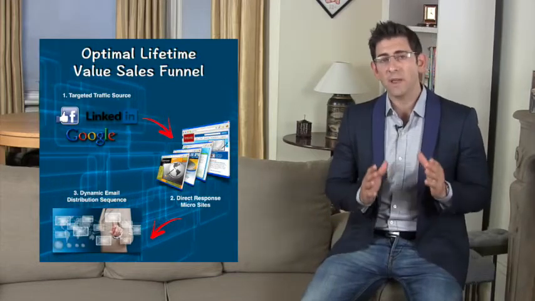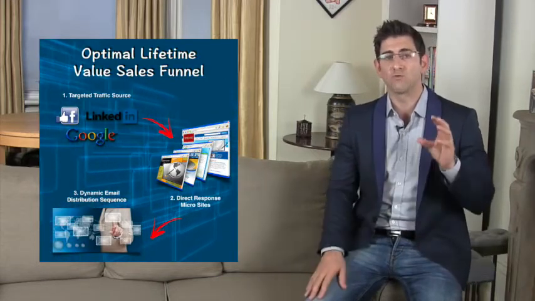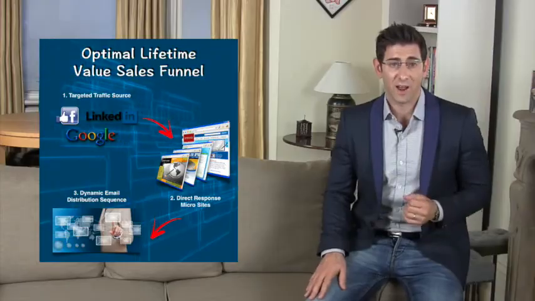This is an automated email campaign sequence that will run on autopilot in the background. Think of this system as your free virtual marketing assistant who follows up with 100% of your leads and clients on a daily basis so that you never have to worry about trying to stay on top of your existing pipeline or your client base again.